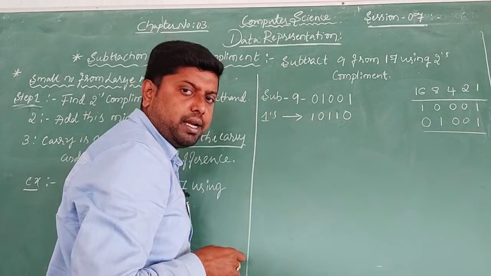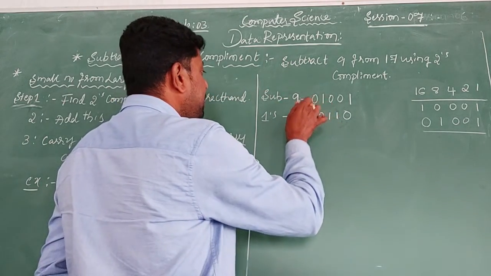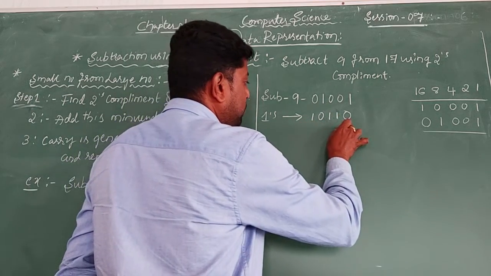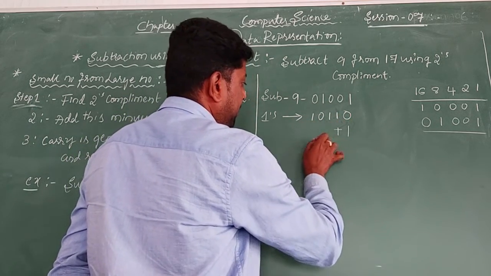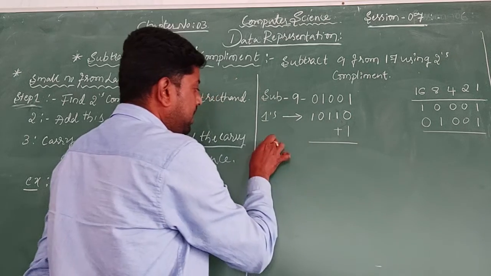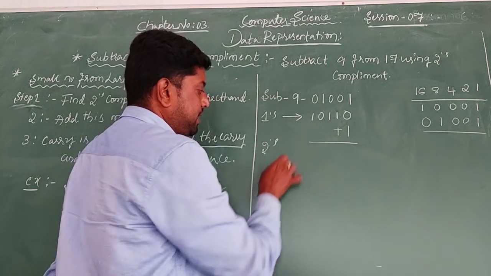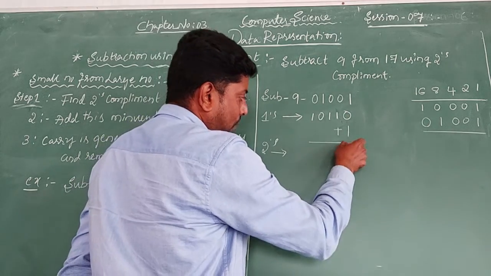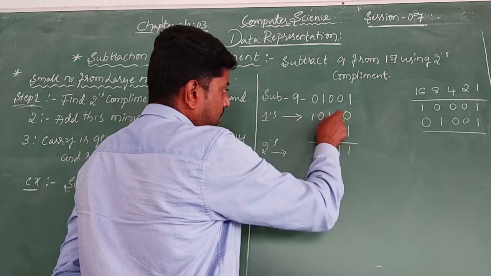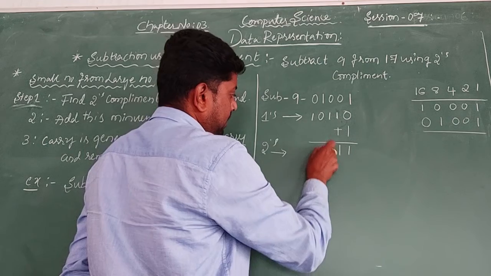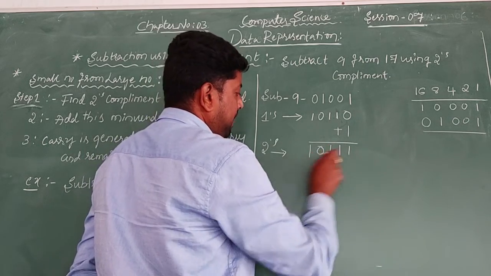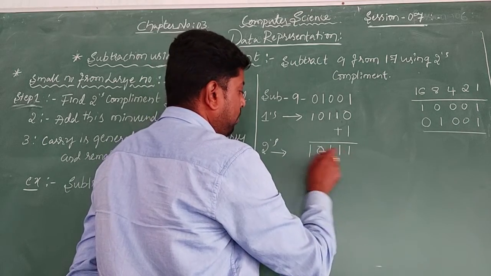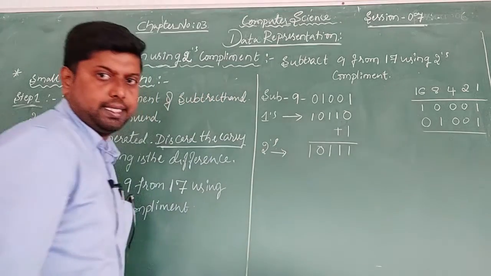That is the 1's complement result. Then if you add plus 1 to the 1's complement result, you will get the 2's complement result. So 0 plus 1 is 1, remaining 1, 1, 0 and 1. So 1, 0, triple 1 will be the 2's complement result.